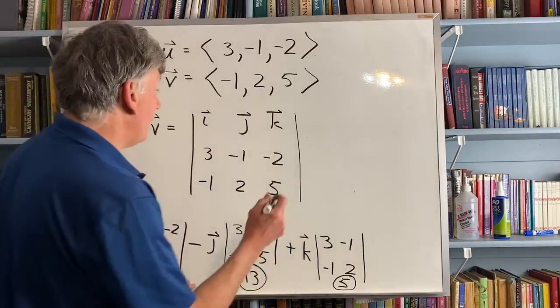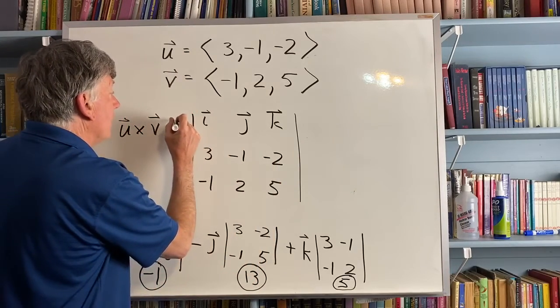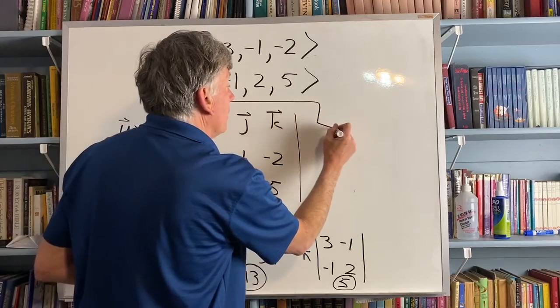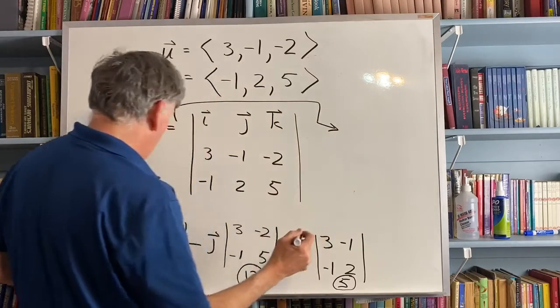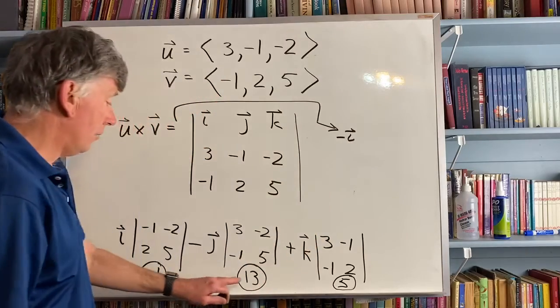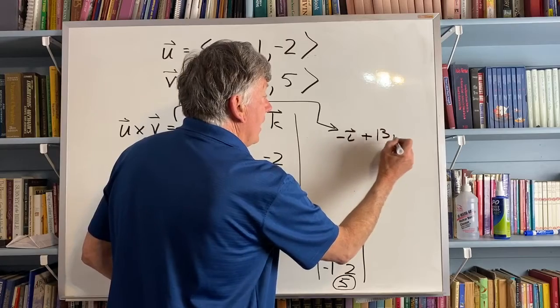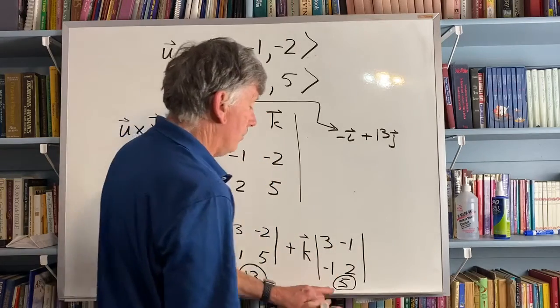So my final vector, u cross v, equals, I'm just going to draw an arrow over here, negative i plus 13j plus 5k.